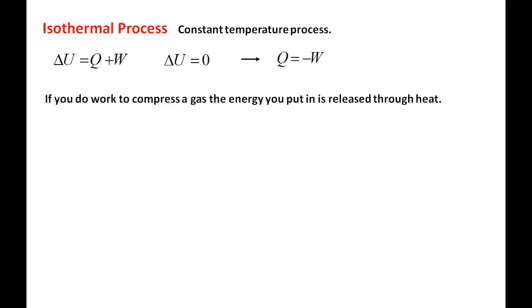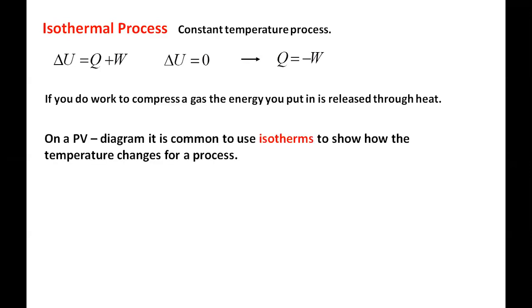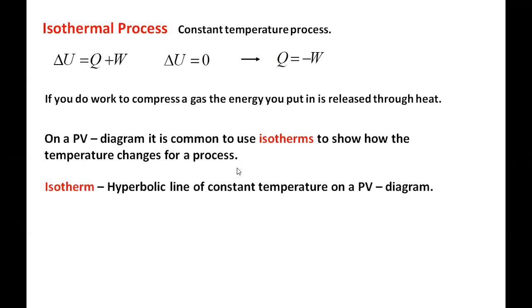On a PV diagram, it is common to use isotherms to show how the temperature changes for the process. An isotherm is a hyperbolic line of constant temperature on a PV diagram. So we have to be careful that an isothermal process is at constant temperature.